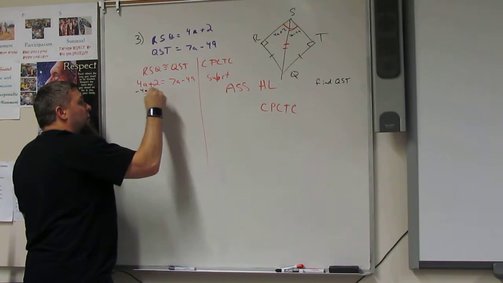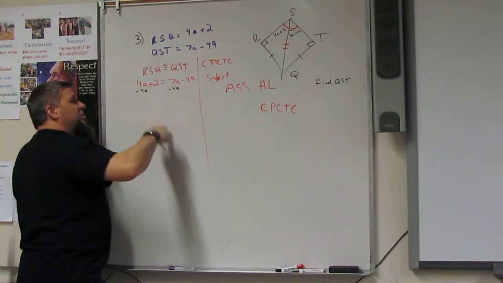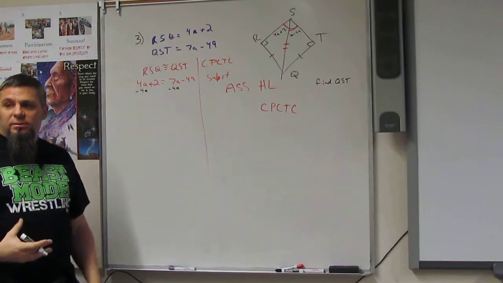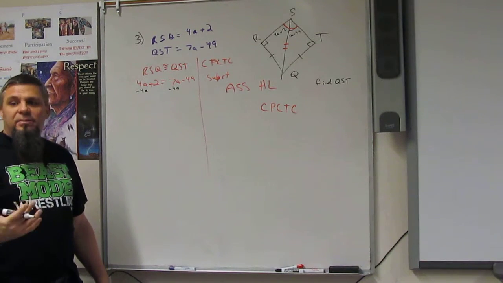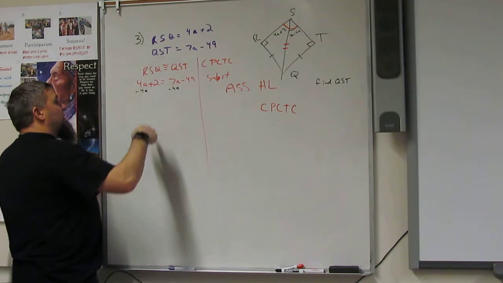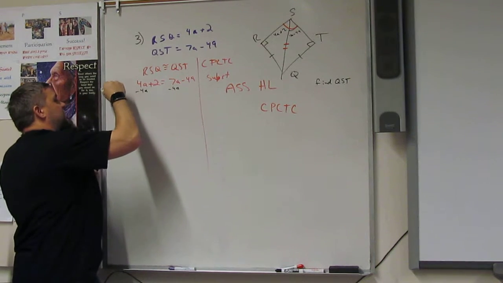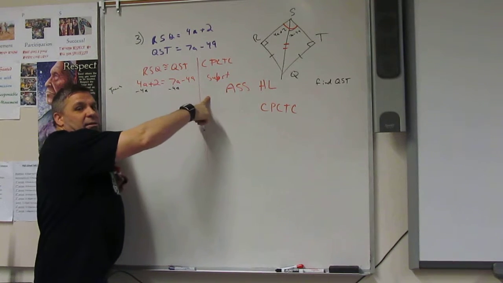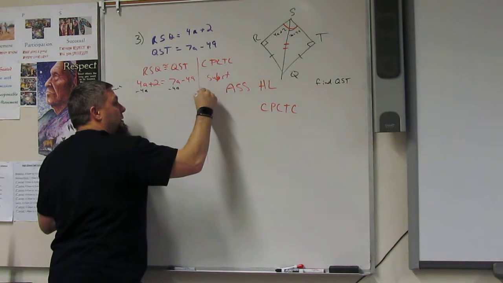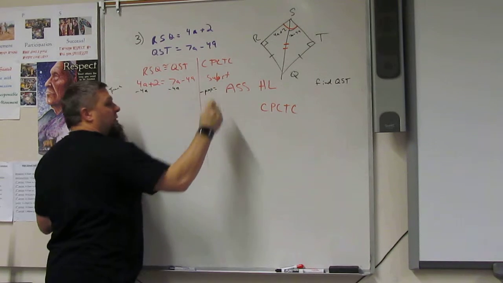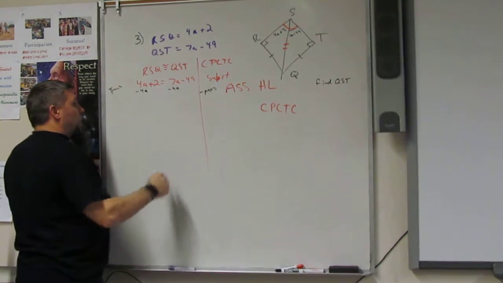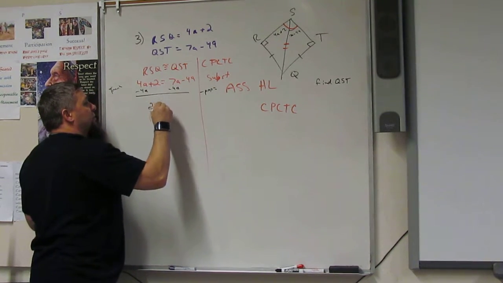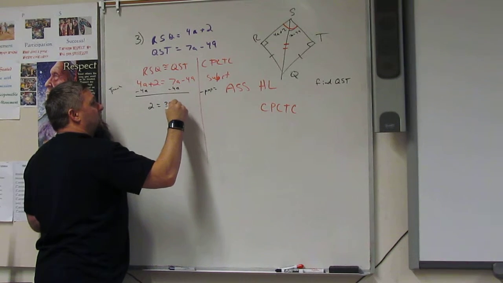Minus 4A, minus 4A. Always move your lowest variable by adding the opposite. So we call that transition in algebra, and we call it subtraction property of equality. Right? Okay, so 2 is equal to 3a minus 49.